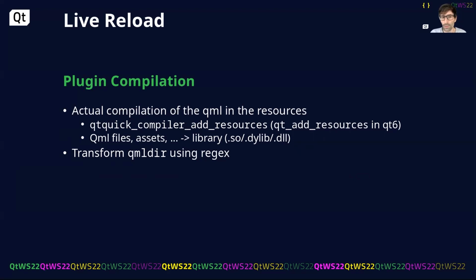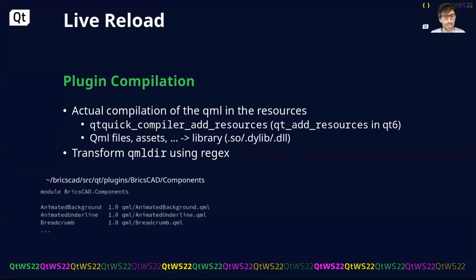Why do we do this? Because the qmldir file for a plugin where all of the QML files are present on disk, and one where the QML is present in a library, have a slightly different format, and we don't want to have two files in the sources, because that will quickly be a disaster where people forget to add things to one or the other file. So what does this mean actually? A source folder qmldir file looks like this.